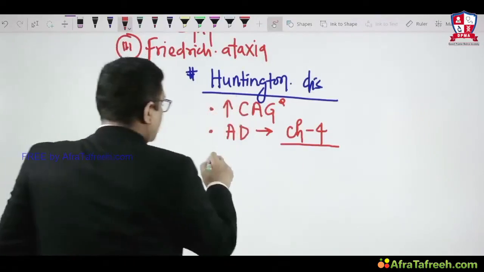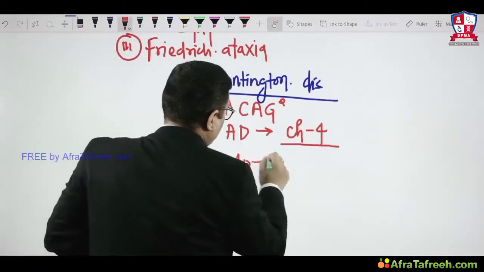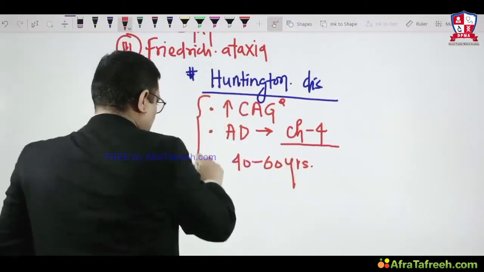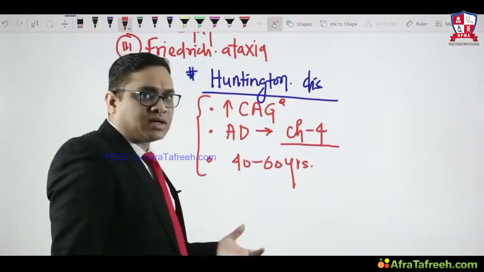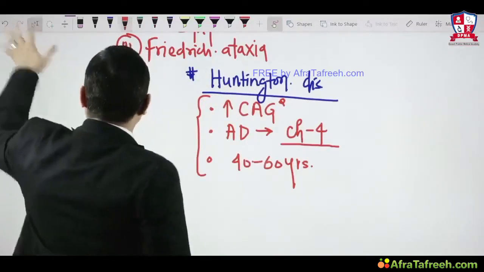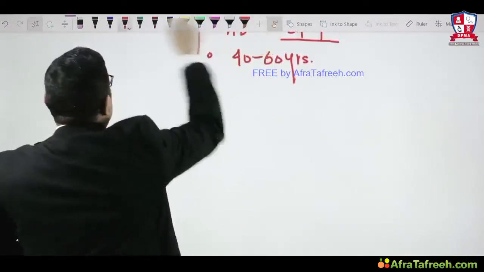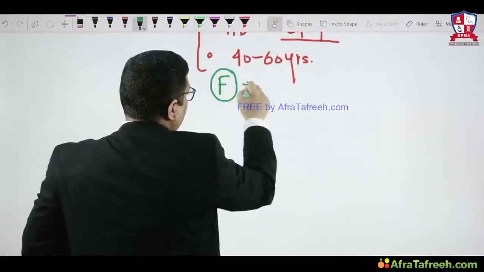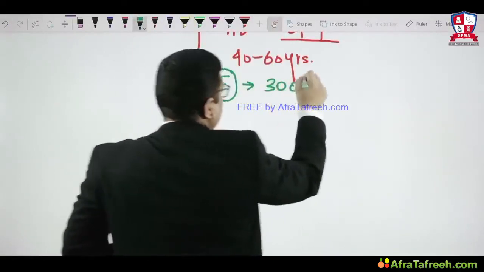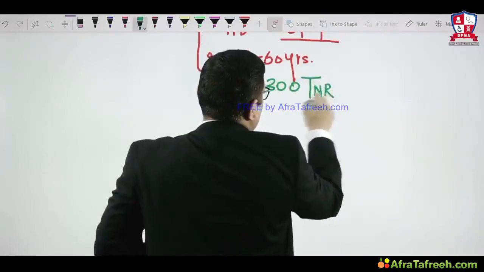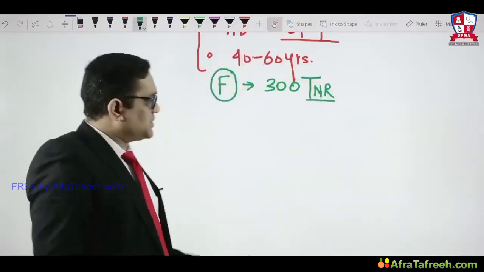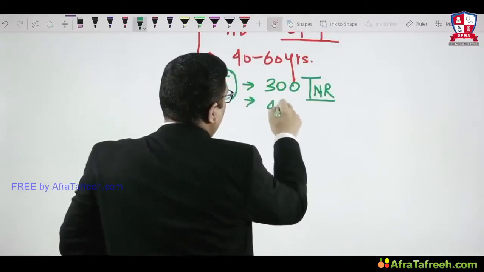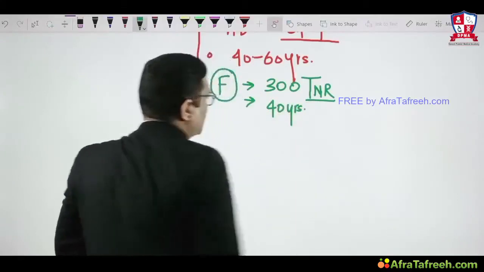Usually Huntington disease is diagnosed by the age of 40 to 60 years, so it is an older age disorder. These are some basic introduction about Huntington disease. Suppose I take the example of a father who was having 300 trinucleotide repeats, and he contracted this disorder by the age of 40 years.